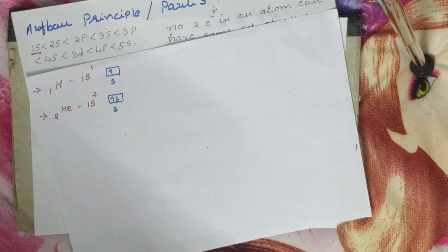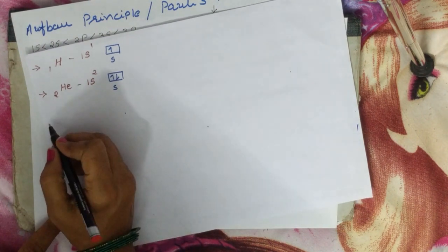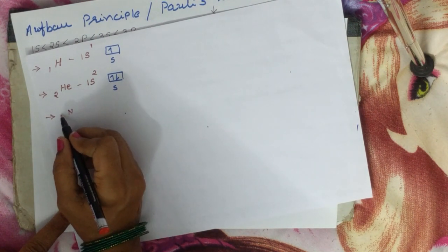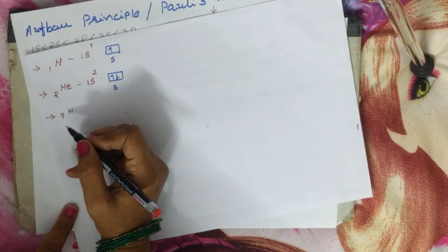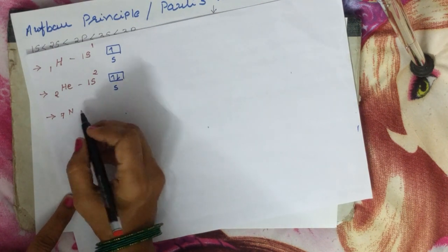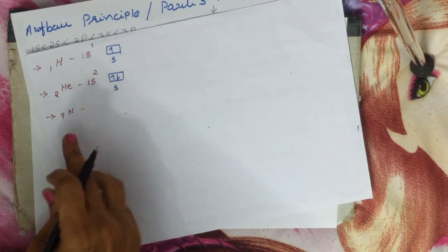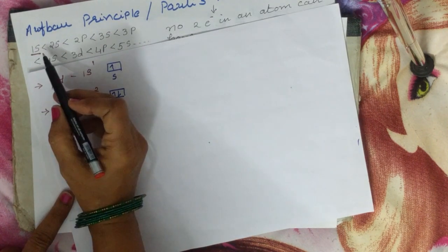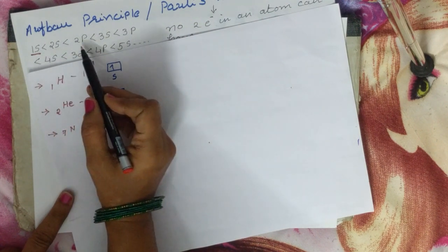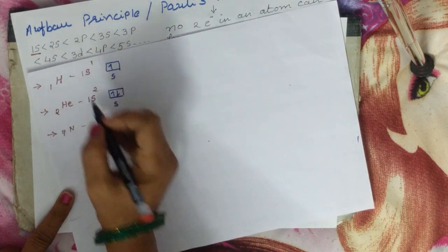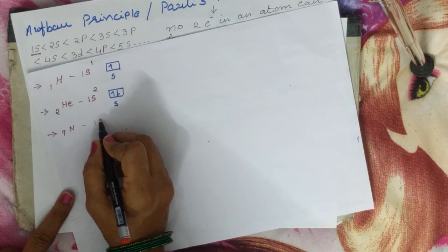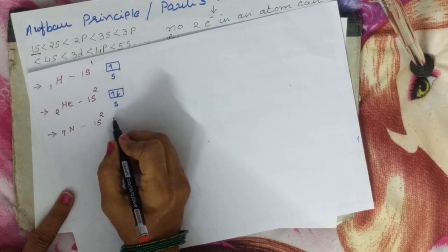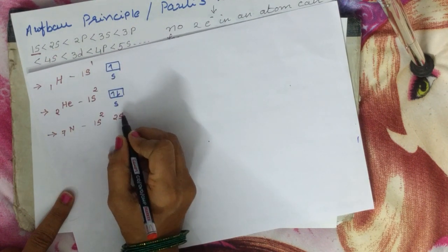Now we'll go with nitrogen, student. Nitrogen has atomic number 7, which means you have to accommodate a total of 7 electrons. As you know, the energy levels go 1s, then 2s, and then 2p. The maximum electrons in 1s is 2, and in the same way in 2s is also 2.